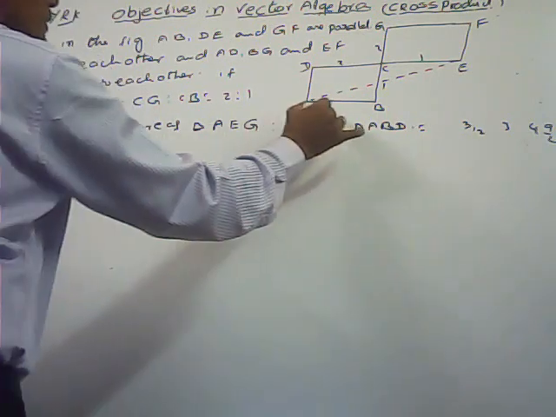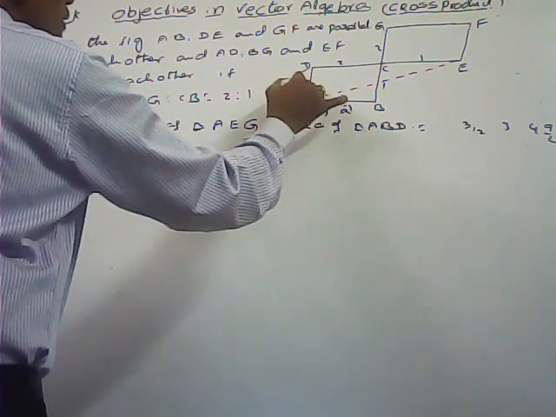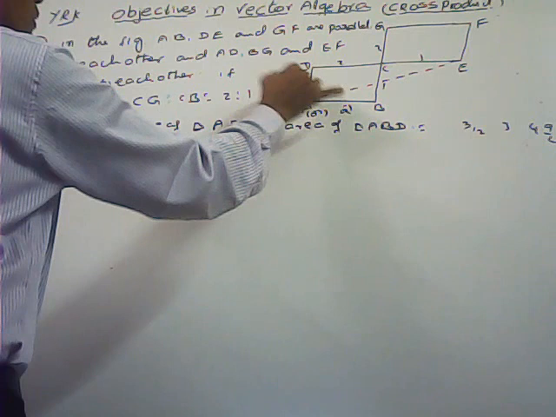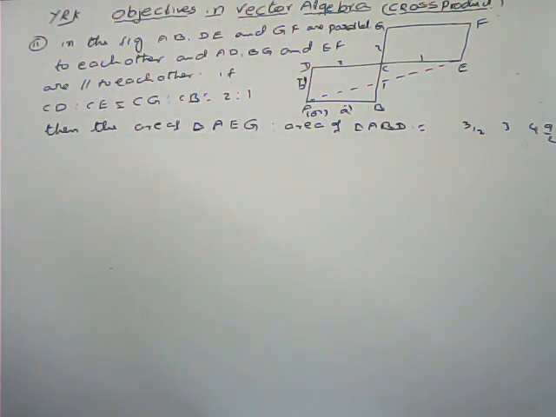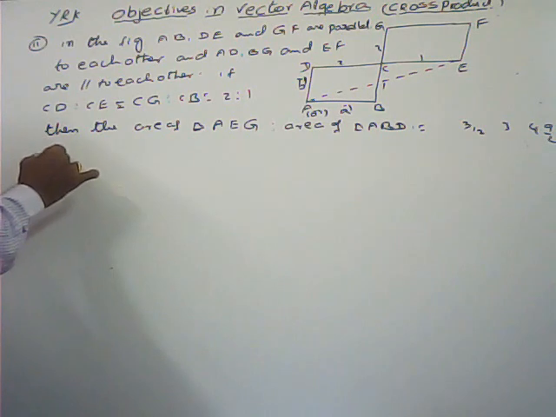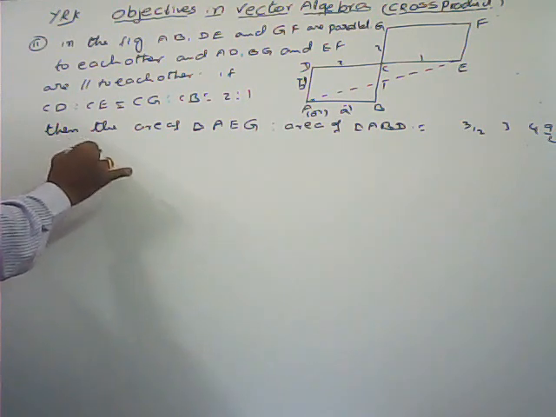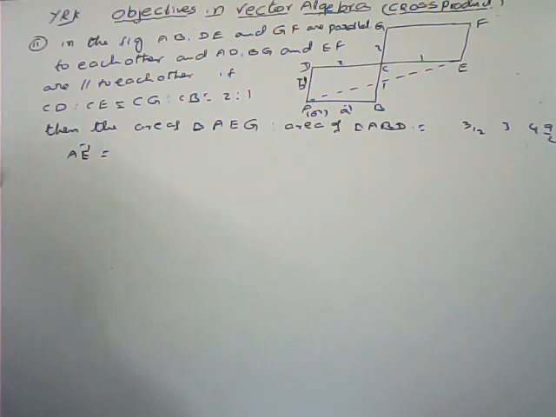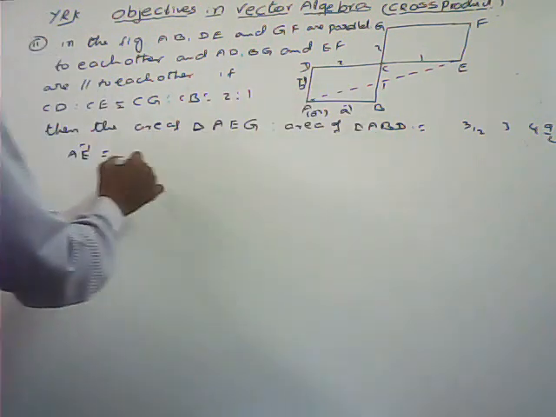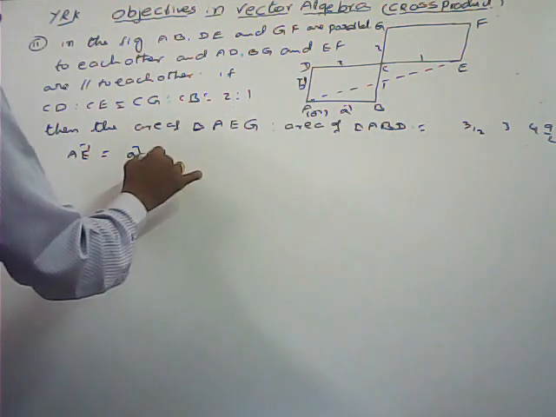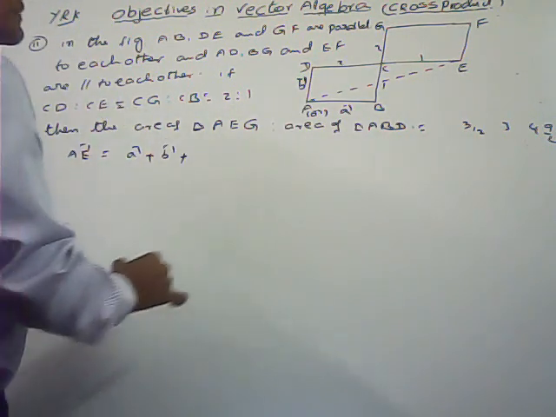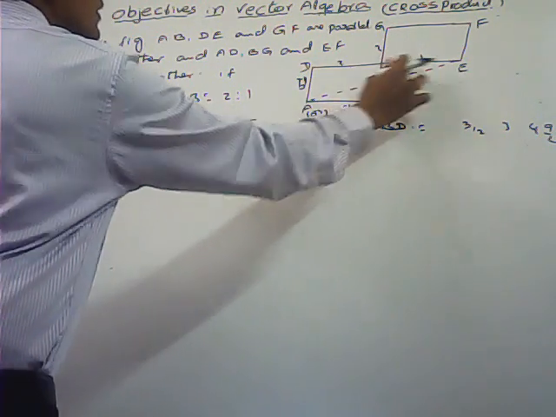A is the origin, and AB bar I am taking as a bar, and AD bar I am taking as b bar. So here AE bar is equal to AB bar plus BC bar, that is a bar plus b bar plus CE bar.